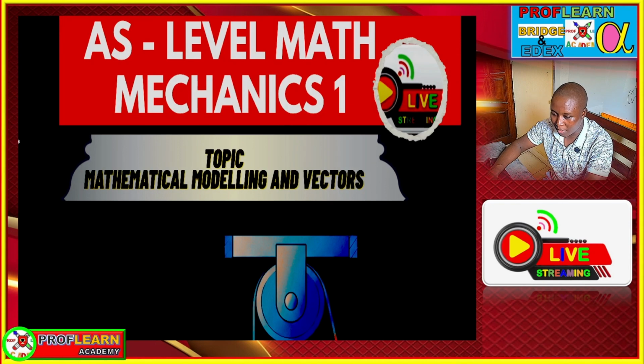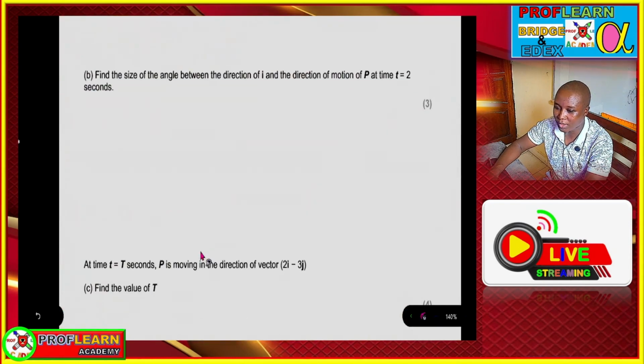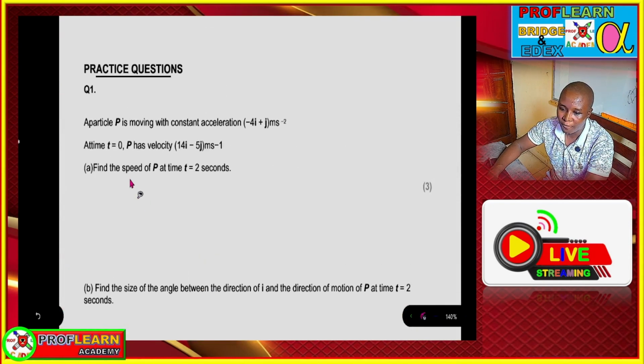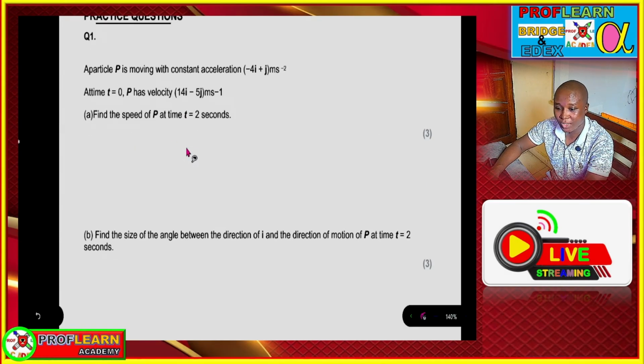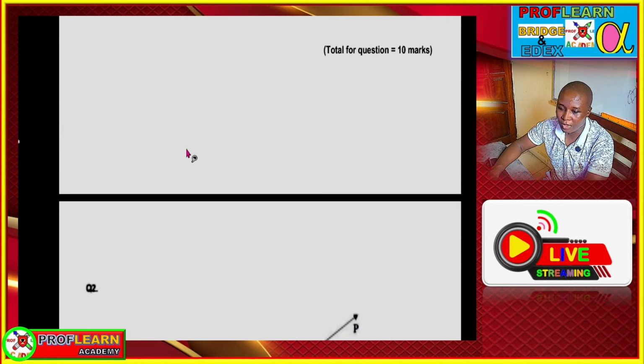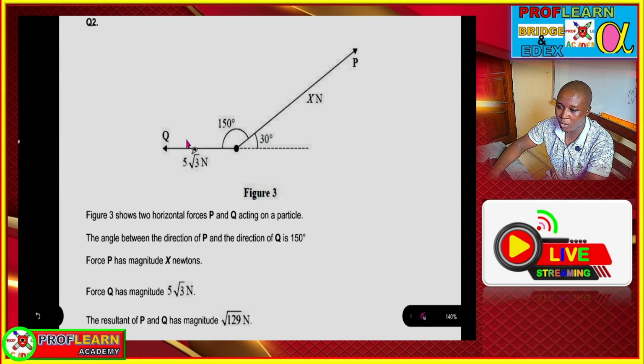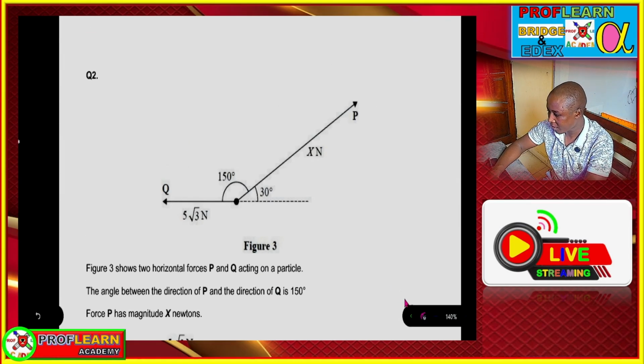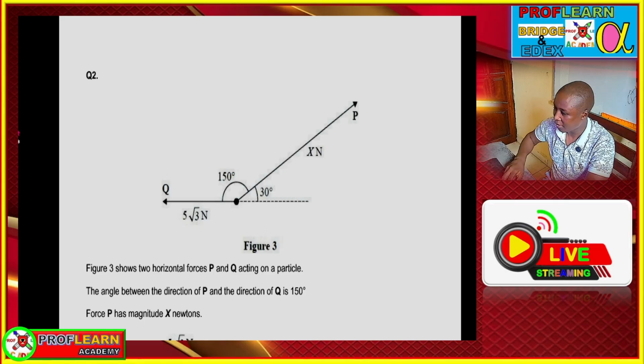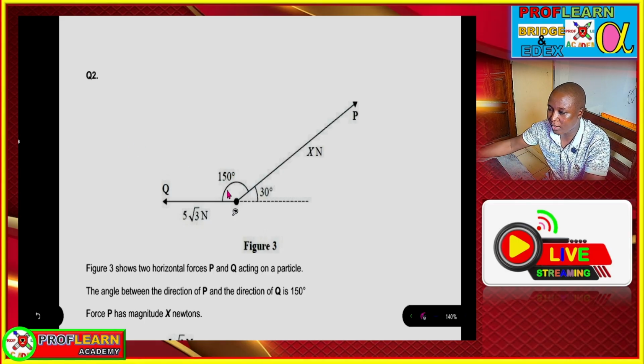Since in part 1 we had looked at how you can find the speed when you're given a velocity vector like that, now we move to question 2. In question 2, these are two forces which are acting in opposite directions, and the angle between the two forces is given here as 150.